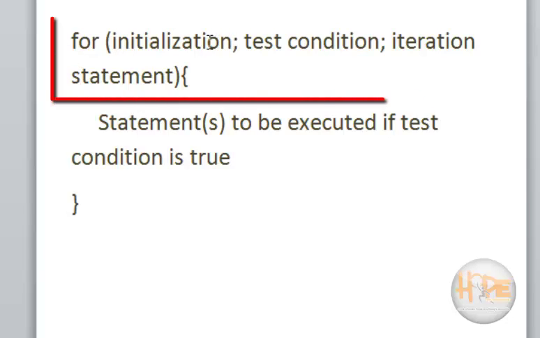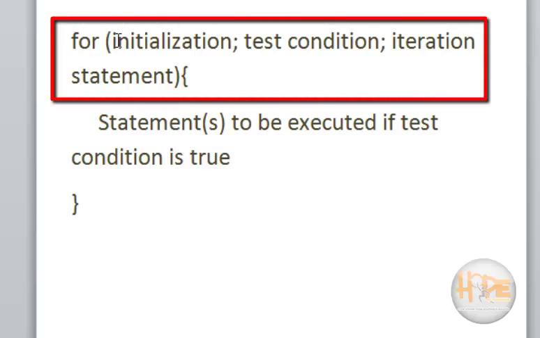Here first is initialization, where we can initialize any local variable. This is the test condition. It checks whether the condition is true or false. If the condition is true, then the statement will be executed.